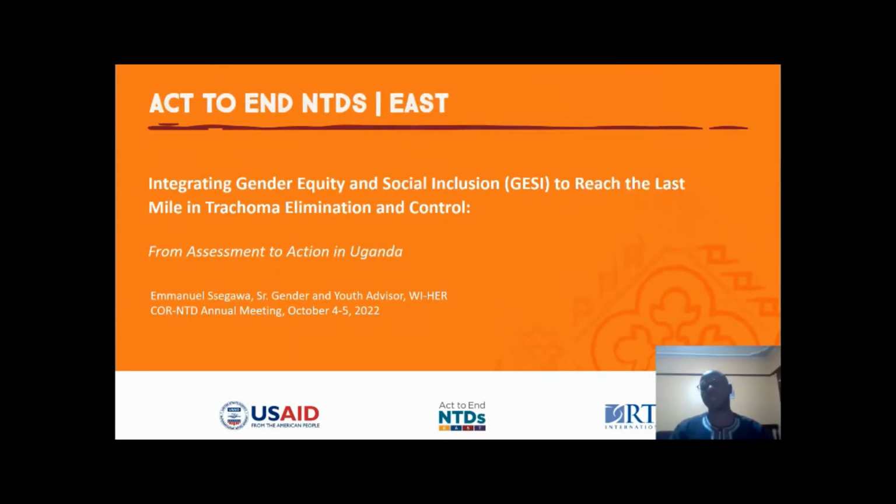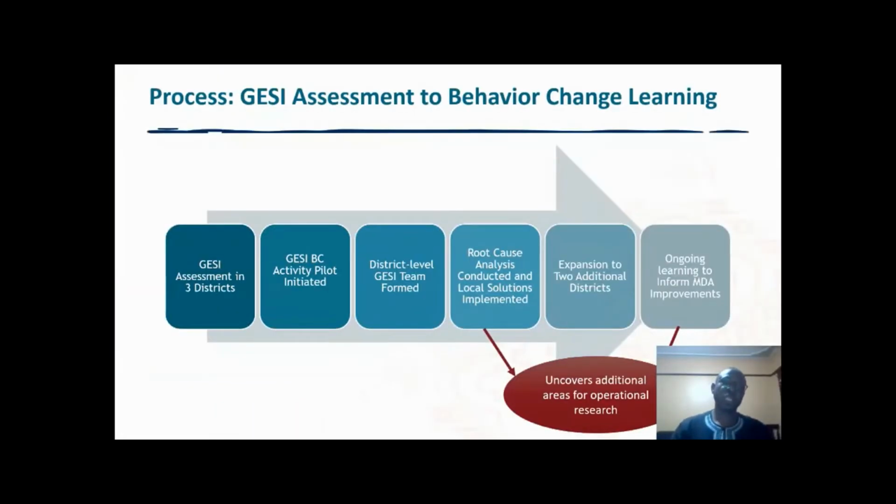The presentation is going to focus on how a GESI approach in Uganda's NTD response can help us to continuously identify new and ongoing areas for operational research and learning. In 2019, Uganda's Ministry of Health, with the support from USAID's Act East, conducted a GESI analysis to improve program understanding of the groups that are consistently not reached by the NTD response, but also to understand better ways of reaching them.